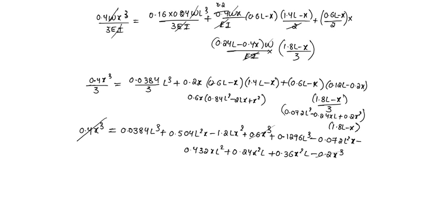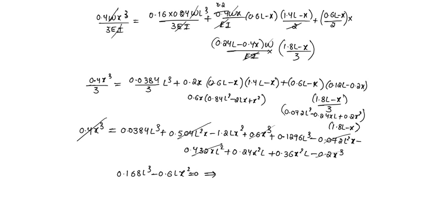It is on the opposite side, so it gets cancelled. This L square x and this L square x and this L square x, on summing, all get cancelled. So the equation obtained is 0.168 L cube minus 0.6 L x square equal to 0.